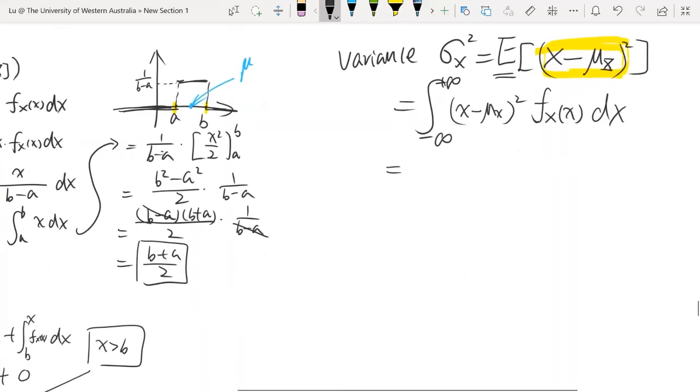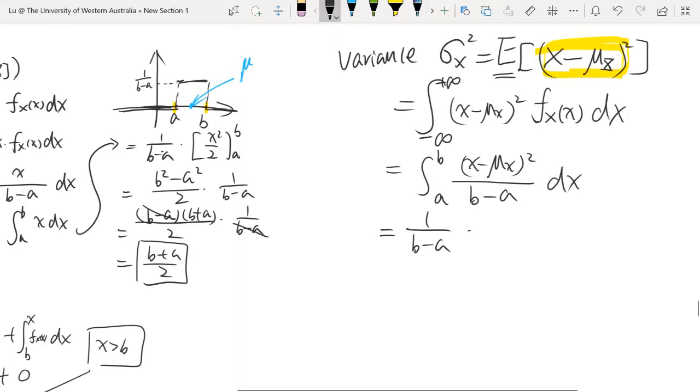Again, because of the special pattern of the PDF for this uniformly distributed random variable, you can change the boundary of the integration to a and b. Then (x minus mu x) squared divided by b minus a dx. We have solved mu x, which is (b plus a) over 2. So we can rewrite this integration over the AB region as (x minus (b plus a) over 2) squared dx.